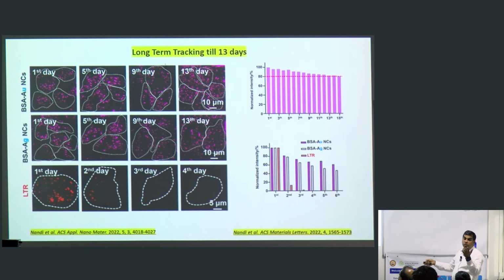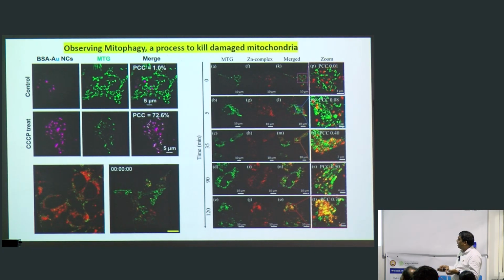So you can imagine how beautiful these nanoclusters are in a different direction, where you can apply them for biological applications, and that too in super resolution applications as well.